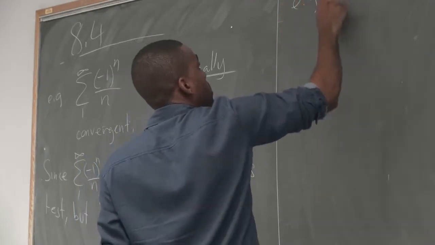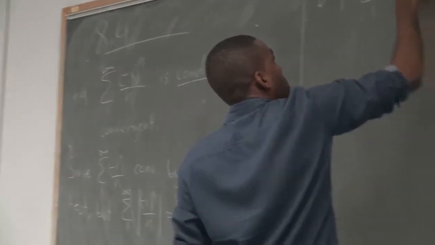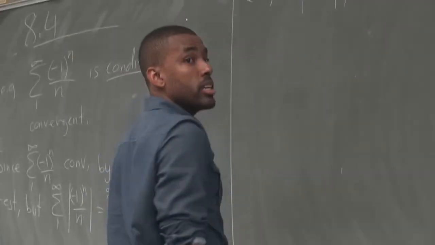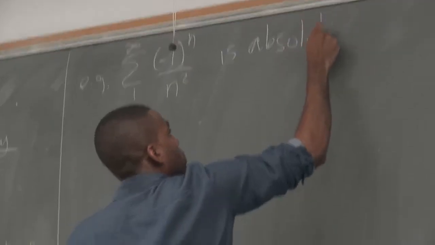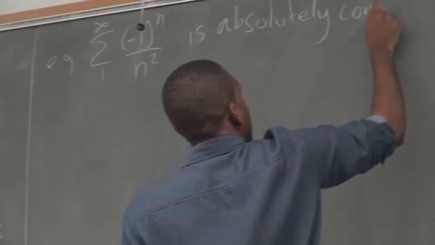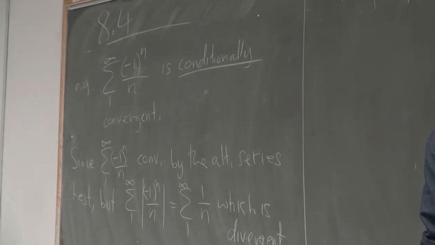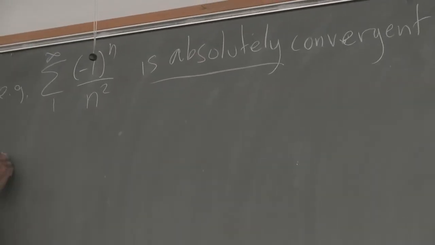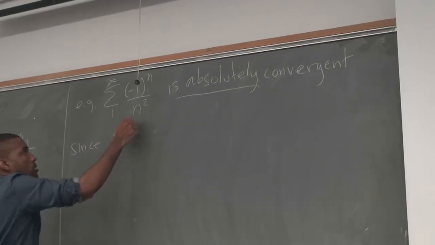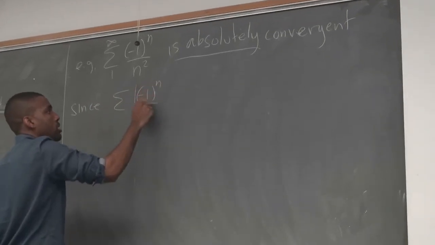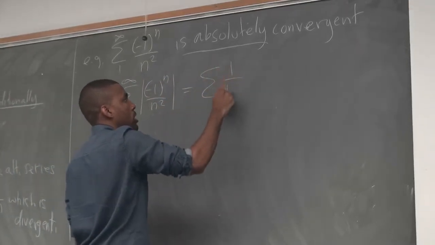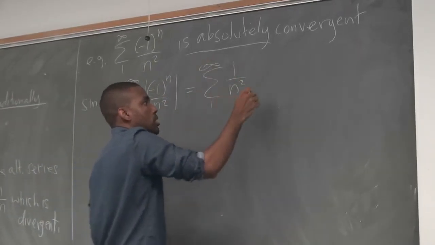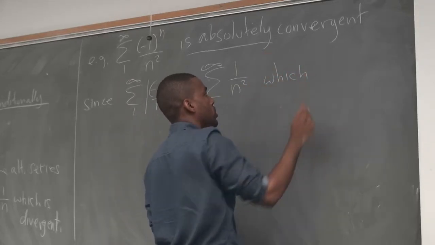Example. If I made that an n squared, that is actually absolutely convergent. Since I put absolute values around this guy, I would get just the sum of 1 over n squared, which converges.